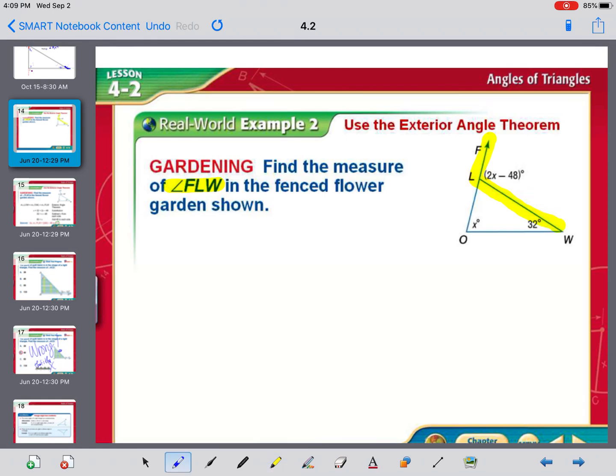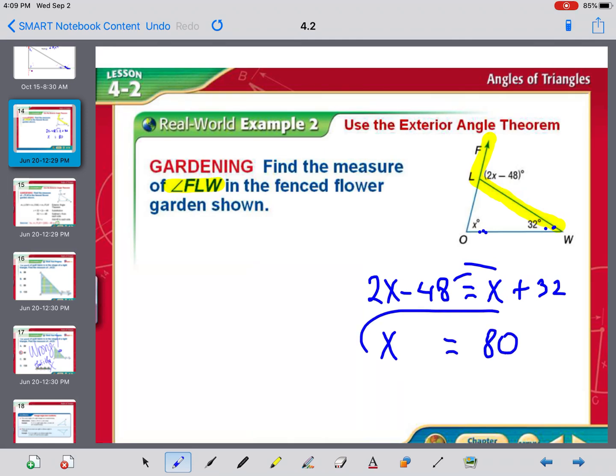Well, let's look at this one. It says find the measure of angle FLW. FLW happens to be that exterior angle. In this case, they tell us that this exterior angle is 2x minus 48. That has to be equal to the remote interiors, which I hope you see is x and 32 as far as measures go. So I'm going to take the x across by subtraction, take the 48 across by addition, and x is 80.